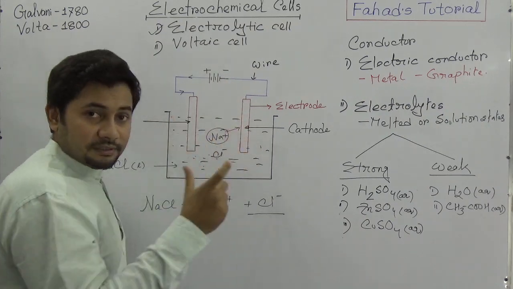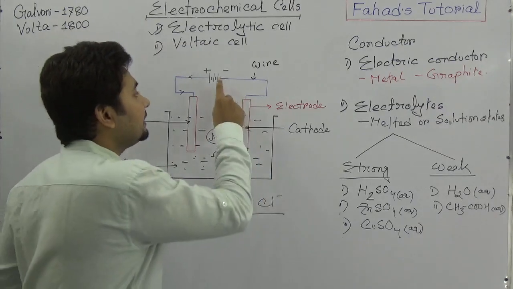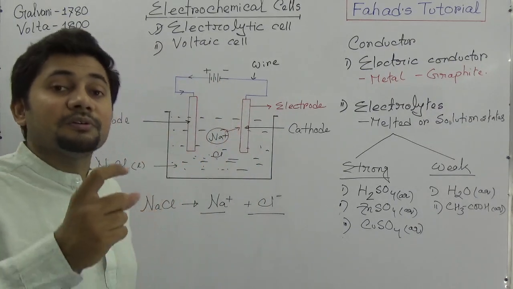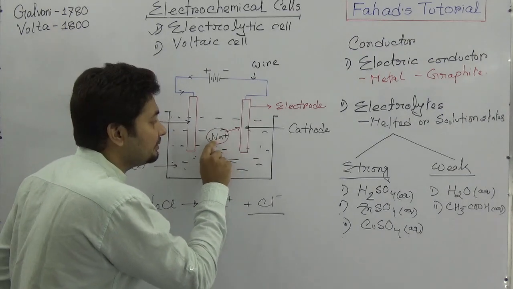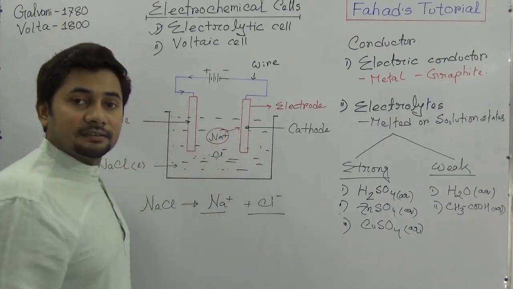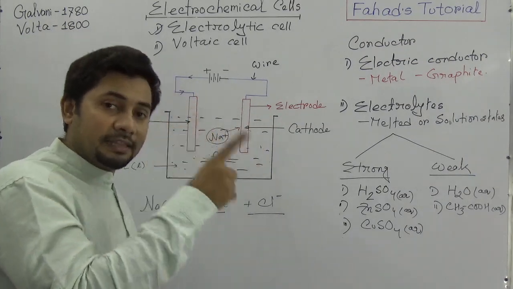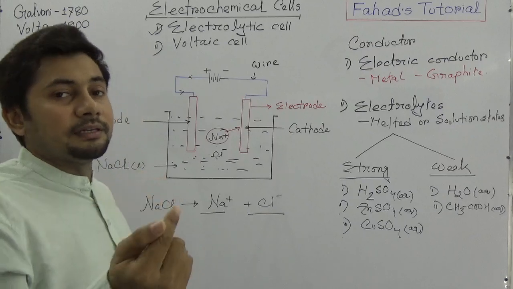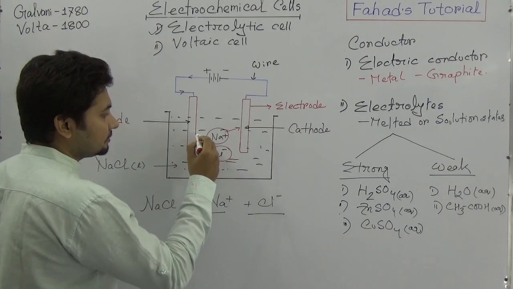The cathode is the electric conductor connected with the negative part of the battery or the electric source, so these positive ions will be attracted to the cathode. That is, cations will go to the cathode and anions will go to the anode.